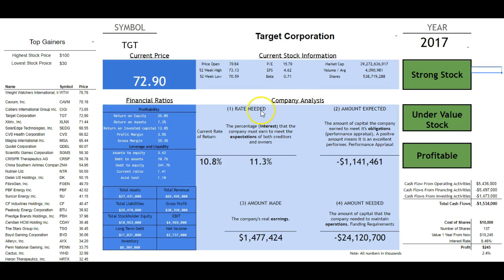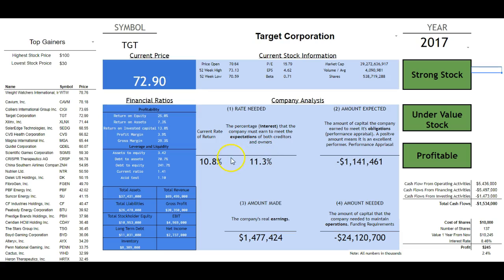So what we're looking for is 4 basic pillars or 4 basic sections to conduct our analysis, and that's the rate needed, the amount expected, the amount made, and the amount needed. What I'm looking for on the rate needed is that the current rate of return is very close to the cost of capital.